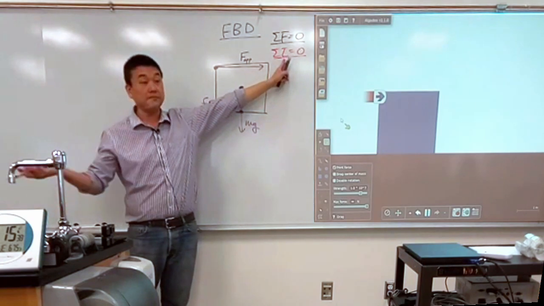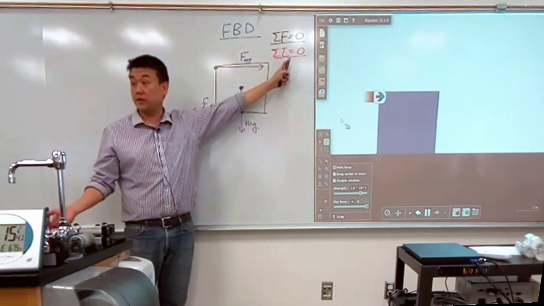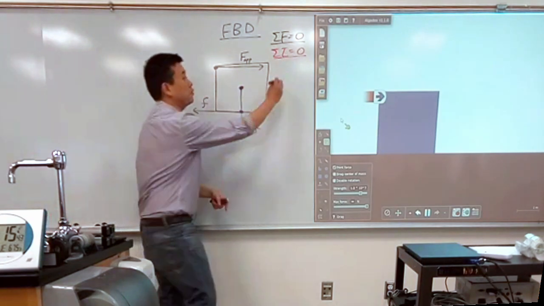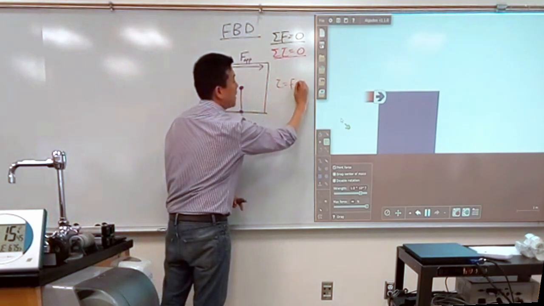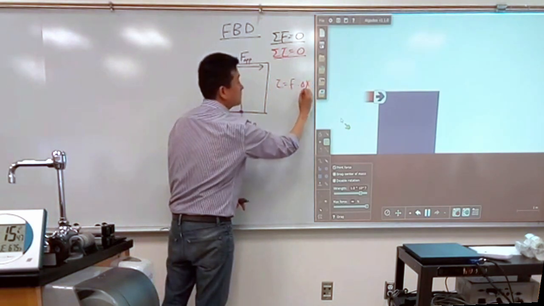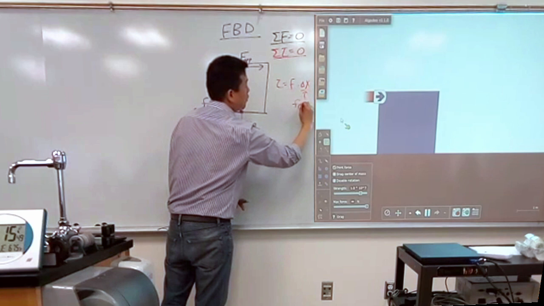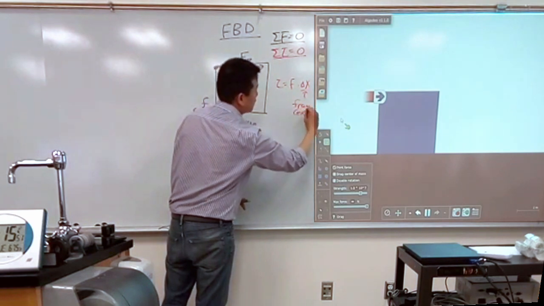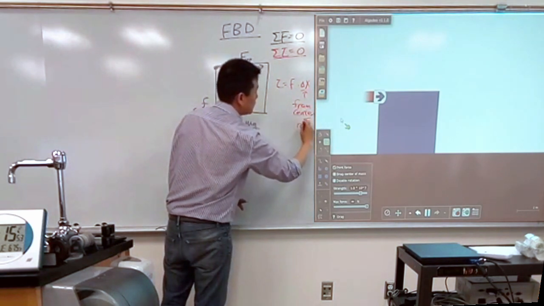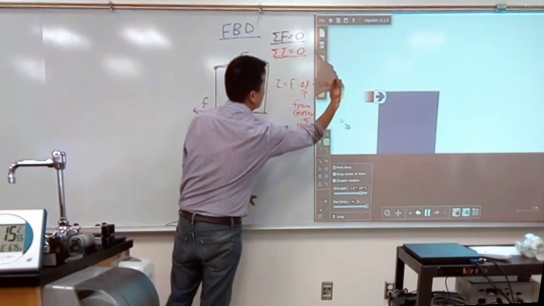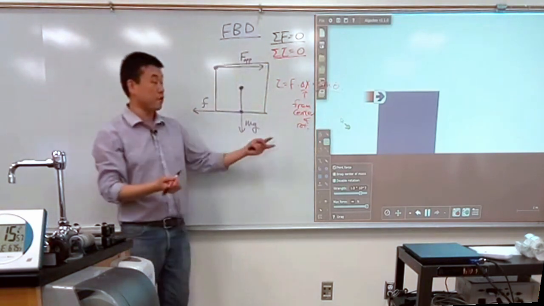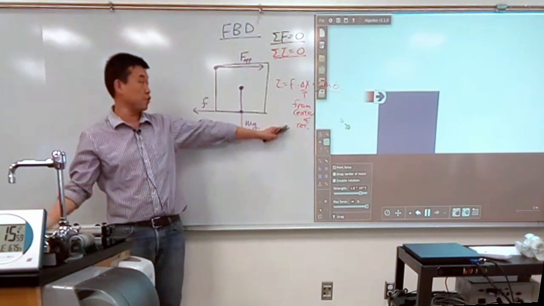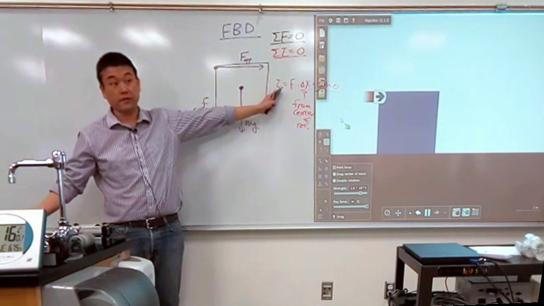It's impossible to calculate torque without a center of rotation, because torque is force times some distance from the center of rotation times sine theta. If you don't have a center of rotation defined, then your torque is undefined. You have no way of calculating it.